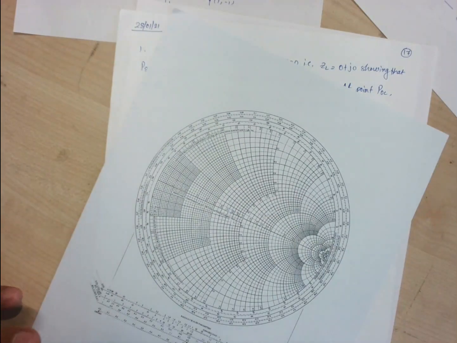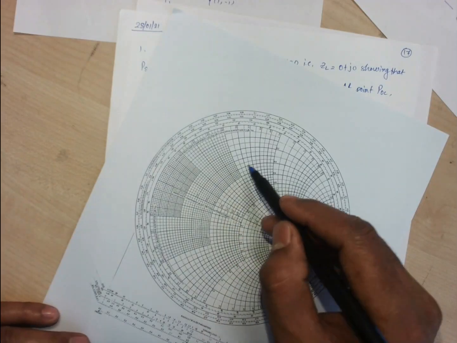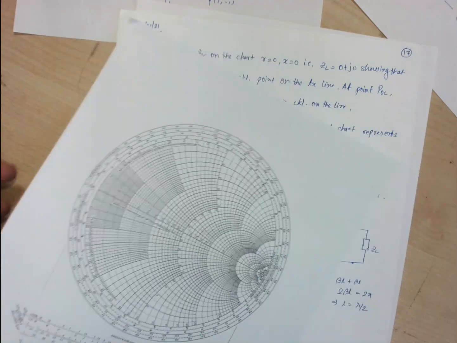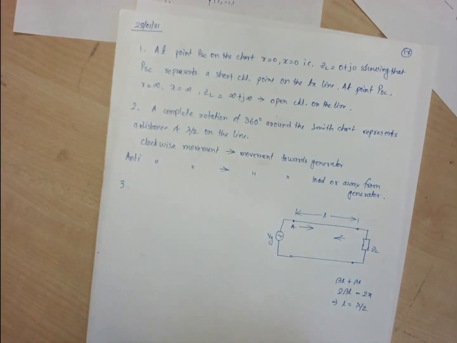For some reason, if we draw a circle around it, then that circle will represent the SWR circle, the standing wave ratio circle. Why we need to draw it, I will tell you. Let us go with the problem first.